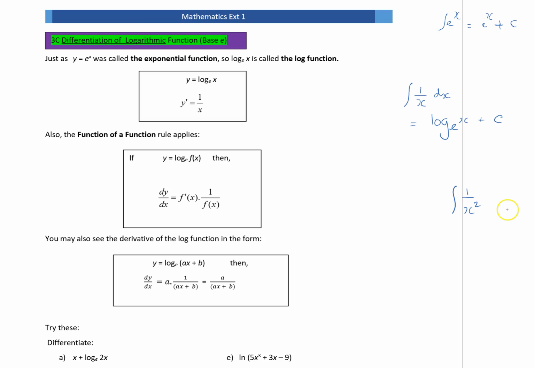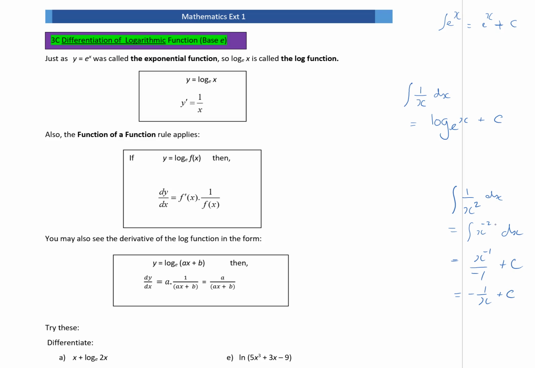This doesn't go back to log. This is actually equal to the integral of x to the minus 2, and I can simply add 1 to the index and divide by the new index. Add 1 to the index, divide by the new index, plus a constant. So this is minus 1 on x plus c after integrating.